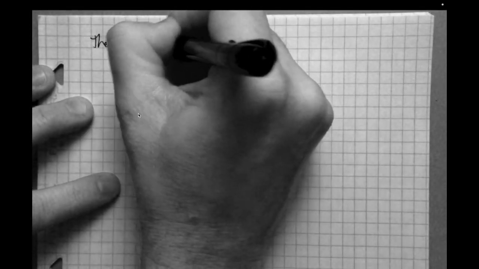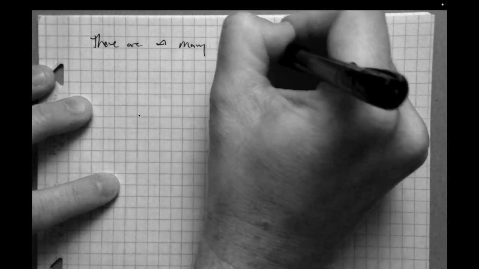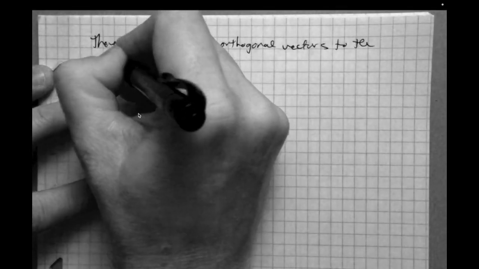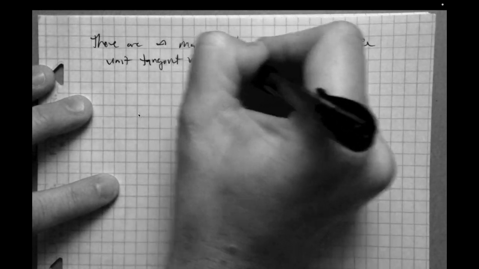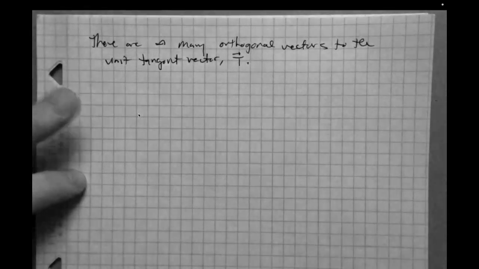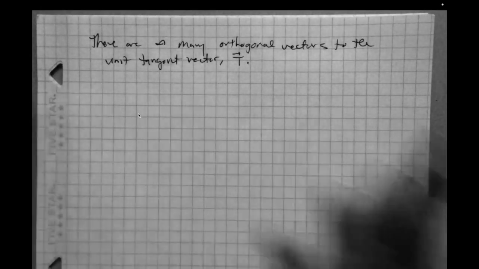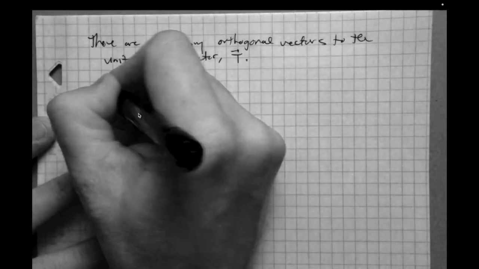So there are infinitely many orthogonal vectors to the unit tangent vector. One of these, for example, is the derivative.